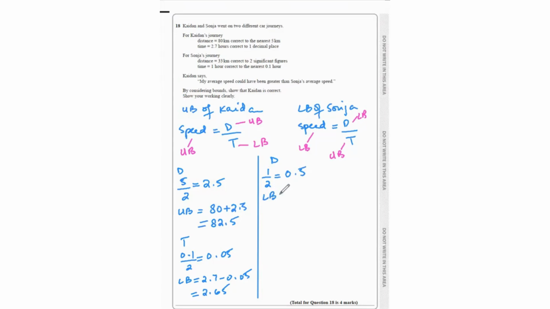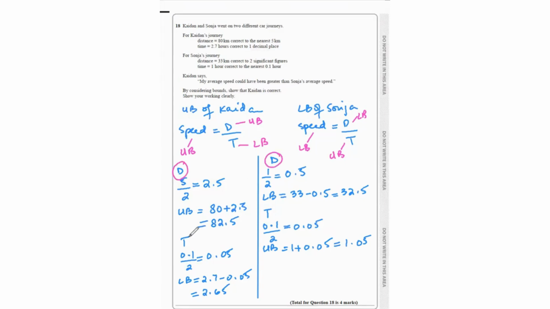So the lower bound is going to be 33 minus 0.5, which is 32.5. And for time, it's 1 hour, correct to the nearest 0.1 hour. So 0.1 divided by 2 is 0.05. So the upper bound is going to be 1 plus 0.05, which is 1.05.